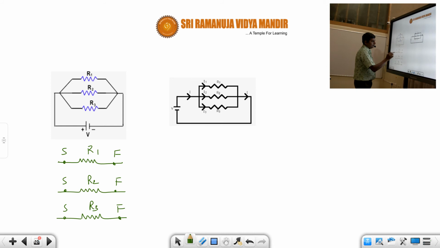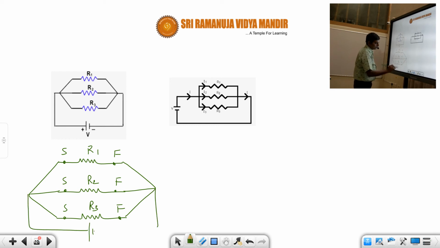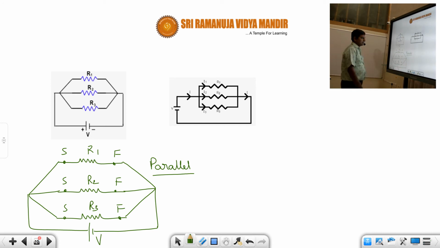When you connect all these starting points to one point, and all the finishing points to one point, and this starting point is connected to one terminal of the cell and the finishing point is connected to the other terminal of the cell, then that is called a parallel connection. I hope, students, you understood what is meant by parallel connection.